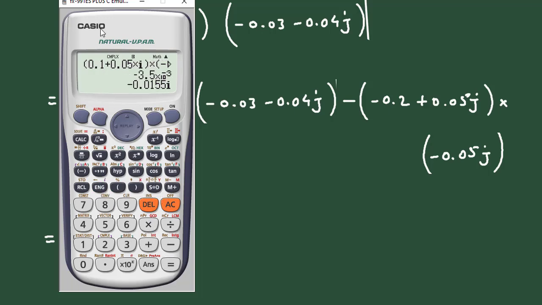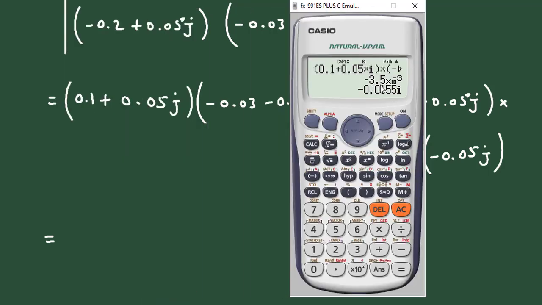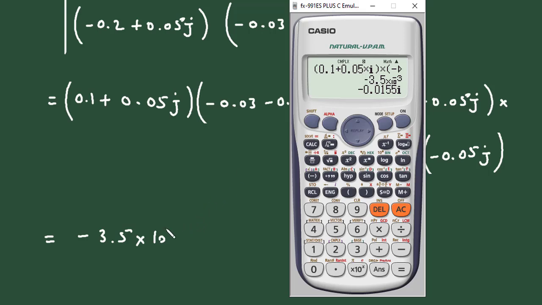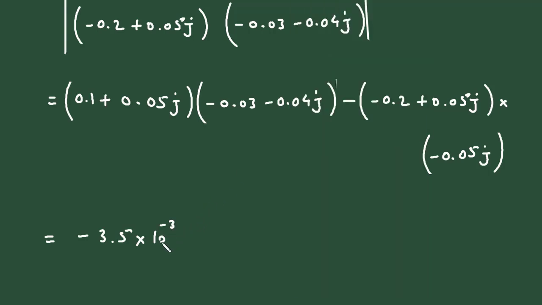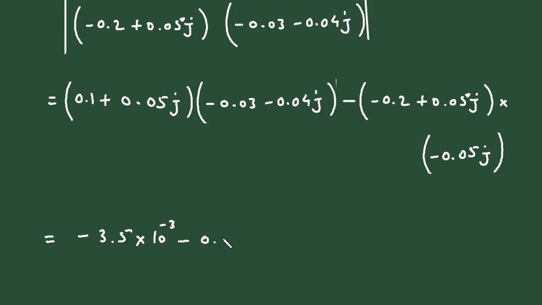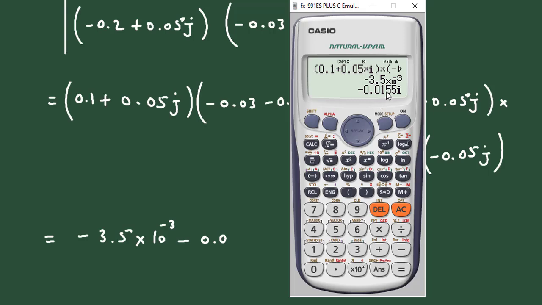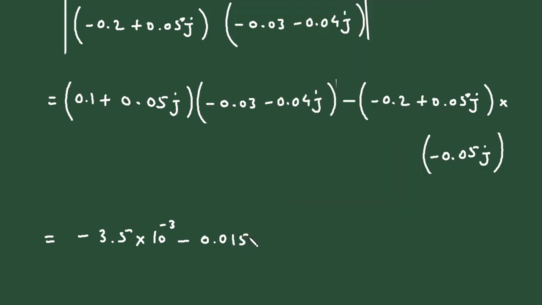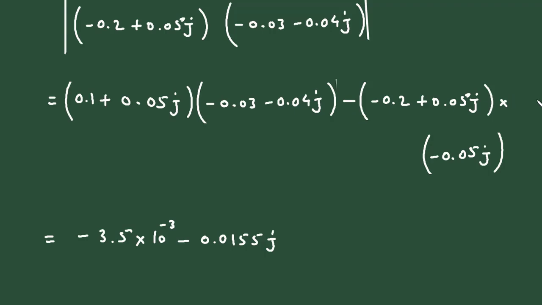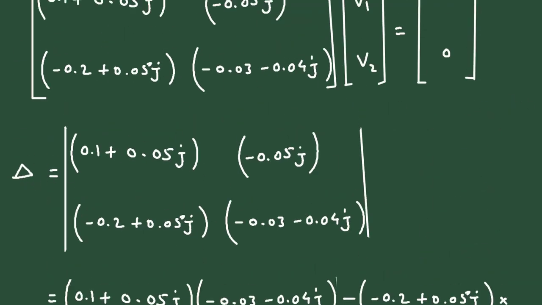So it is equal to minus 3.5 into 10 to the power minus 3 minus 0.0155 j. So this is the value of delta.